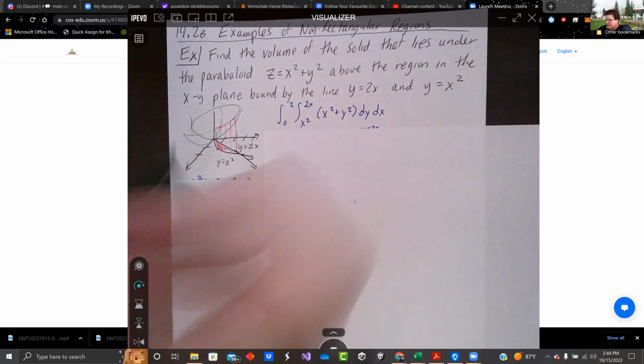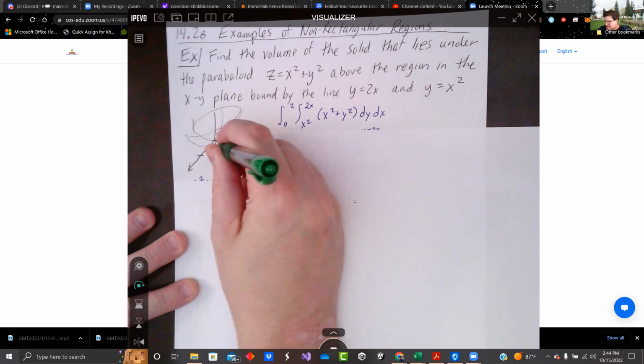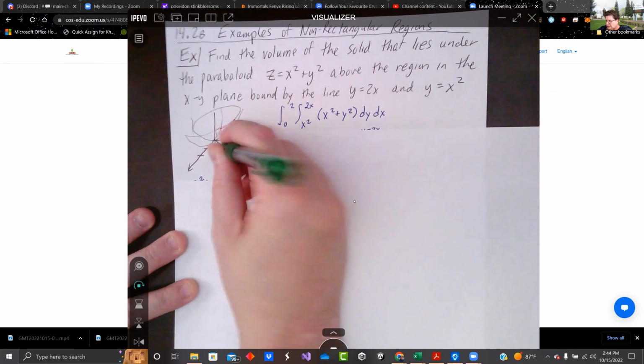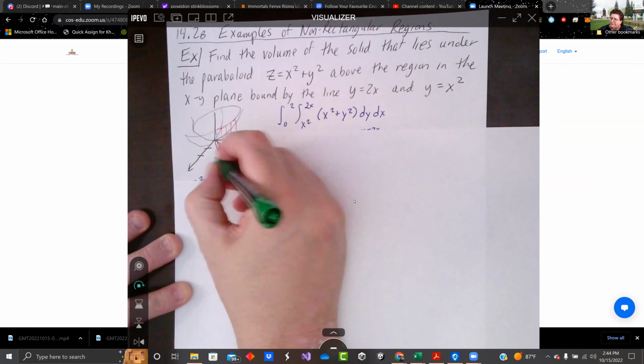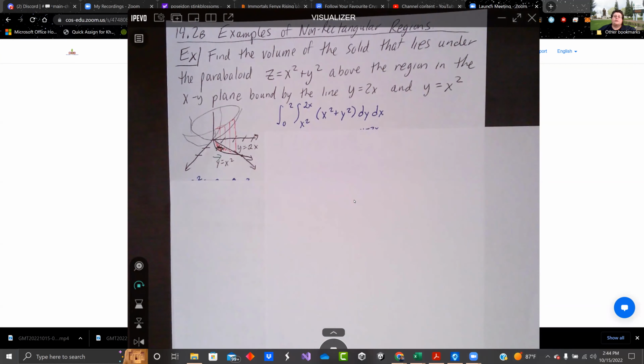We're going in this direction first. So x squared is the lower line, then 2x. We have x squared plus y squared, our paraboloid, as the function that we're integrating. Then we're going to do dy dx.